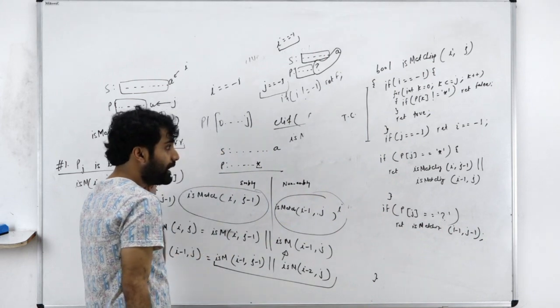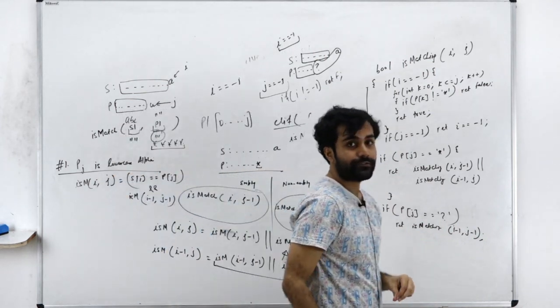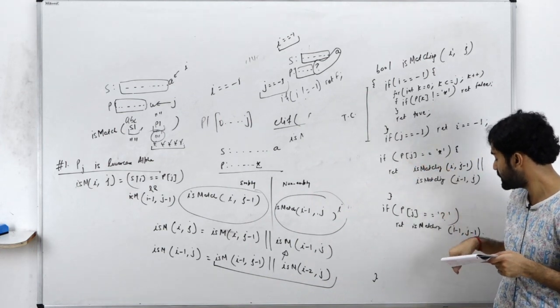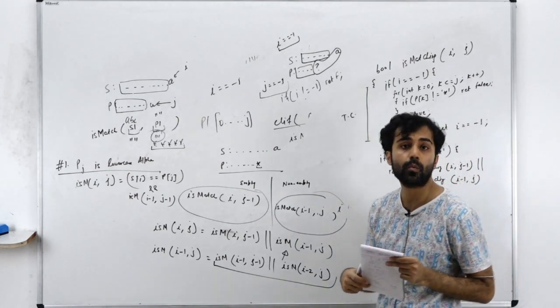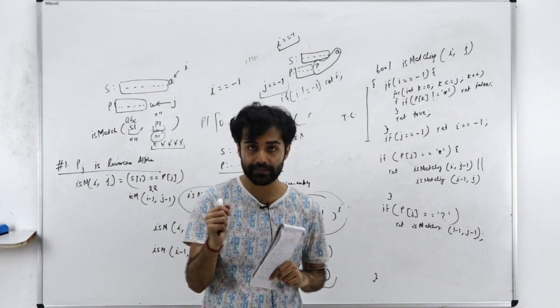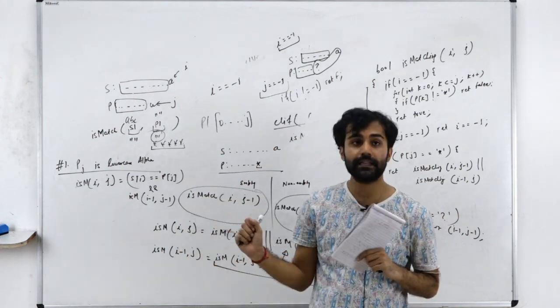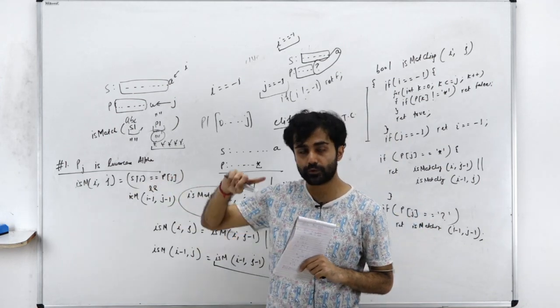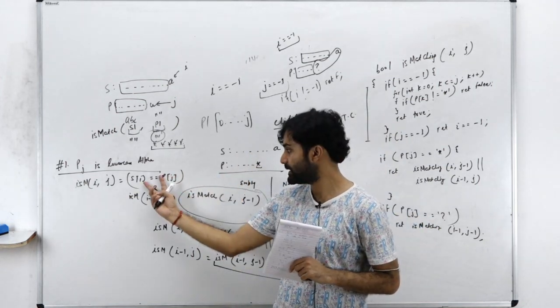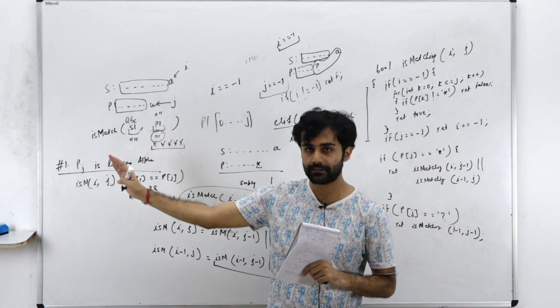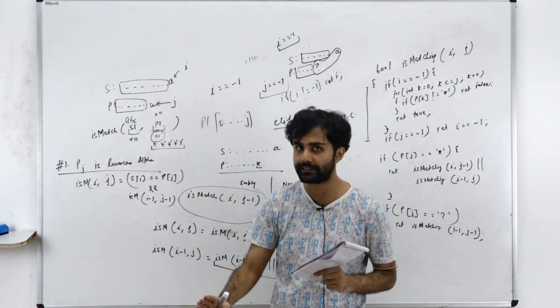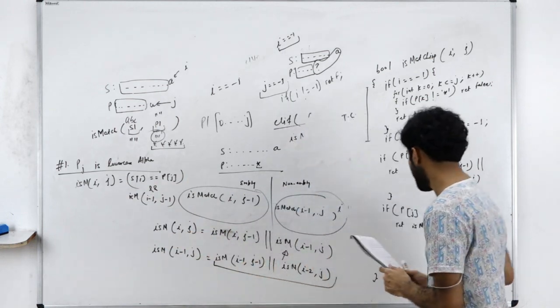Alright, and now comes the final case. So the final case is if your p of j is neither a star nor a question mark. What does that mean? That means it is an alphabet. Now if it is an alphabet, then two things have to be true. First thing, that the last characters of both the string as well as pattern should match, and the remaining string, which is from 0 to i minus 1, should get matched against the remaining pattern, which is from 0 to j minus 1.